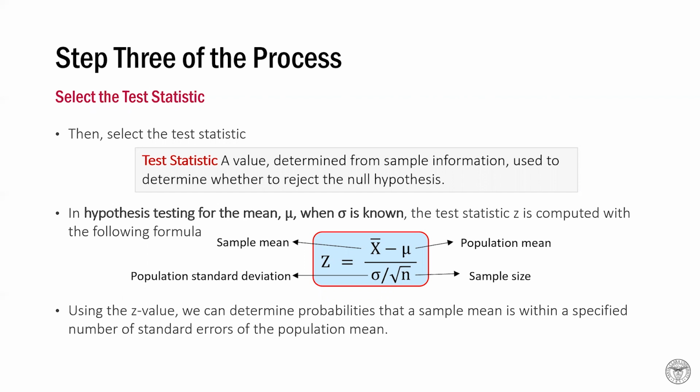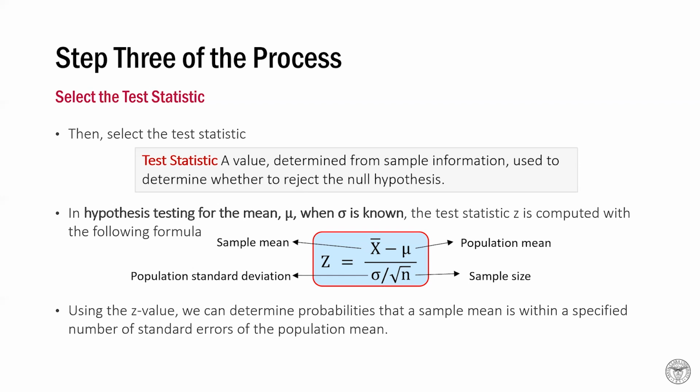The mean of the sample means is equal to the population mean, mu. The dispersion of the distribution is measured by the standard error of the distribution of sample means. That is, sigma over square root of n.